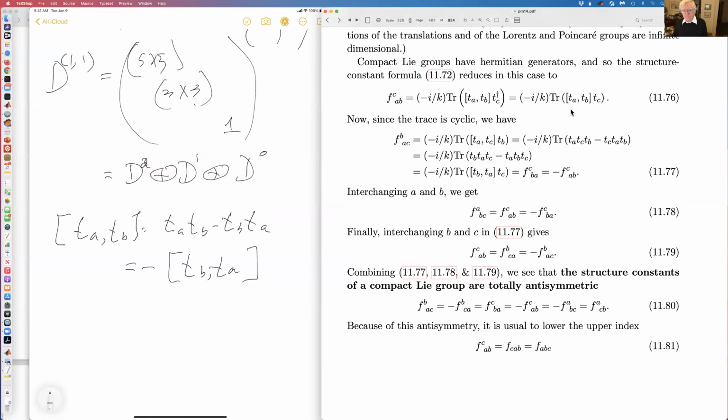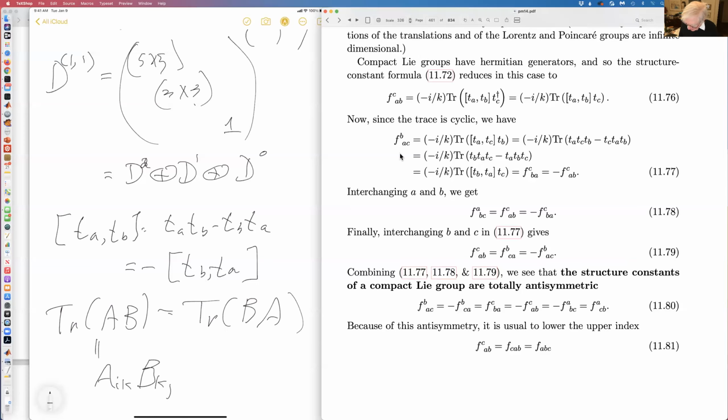And then we have the property that the trace is cyclic. What that means is that the trace of AB is equal to the trace of BA. And the reason for that is that this is equal to a sum of A_IK B_KI, and this is the sum of B_KI A_IK, and so these are obviously equal.